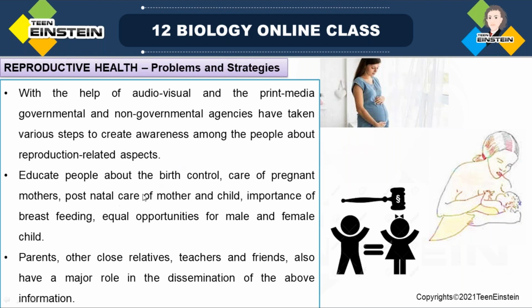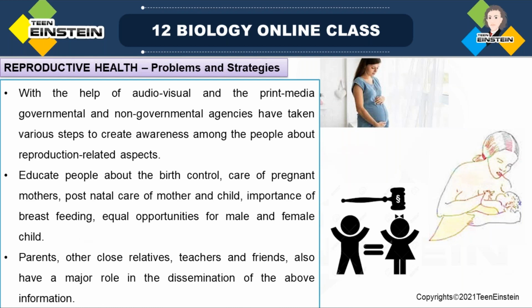They educate people about birth control, care of pregnant mothers, postnatal care of mother and child, the importance of breastfeeding, and equal opportunities for male and female child. They give important education regarding all these topics to common people, because we need a healthier society.